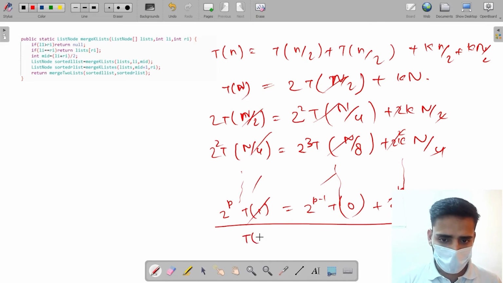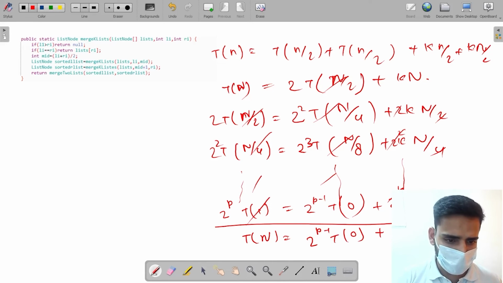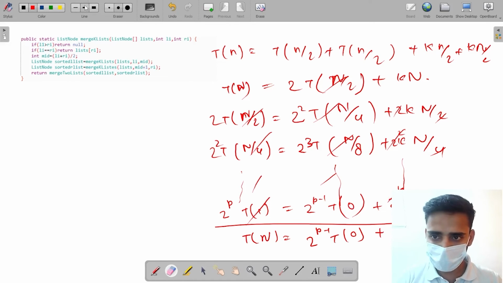So T of n will be equal to 2 to the power p times T of 0 plus, it will be added p times. Let me erase this, it is all cut down.